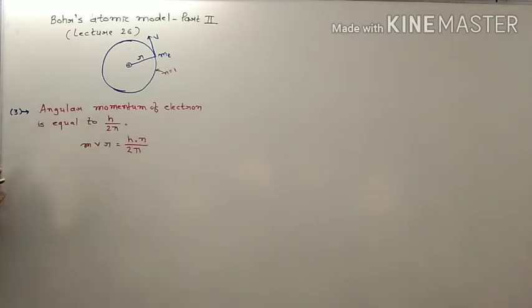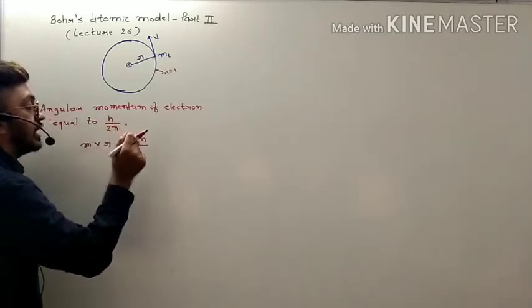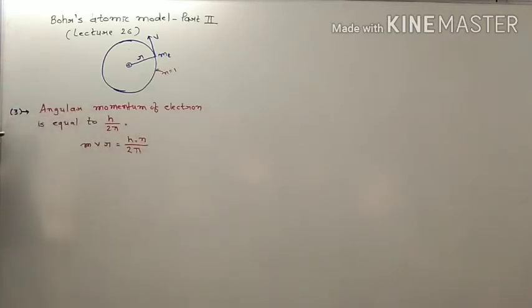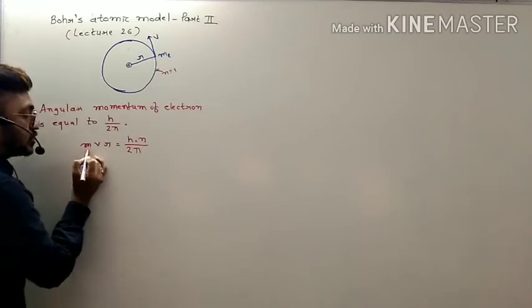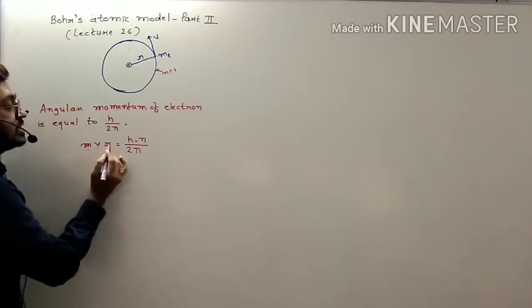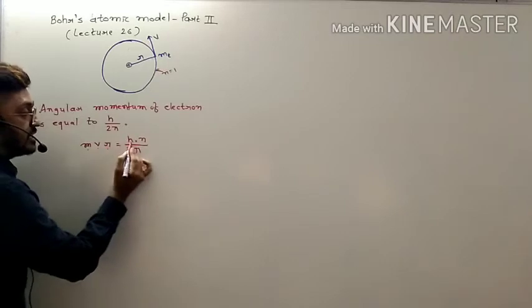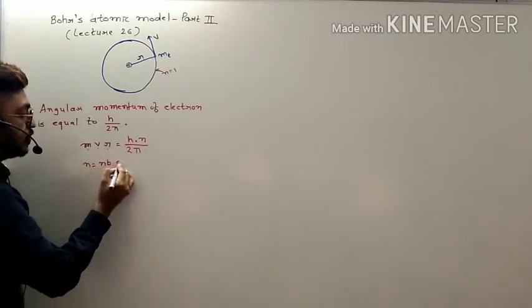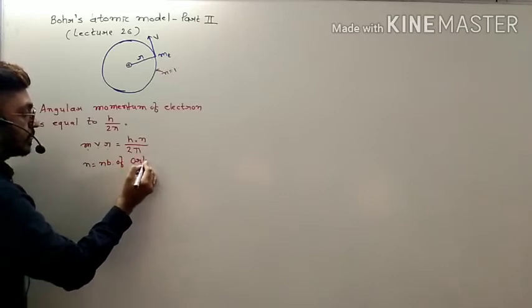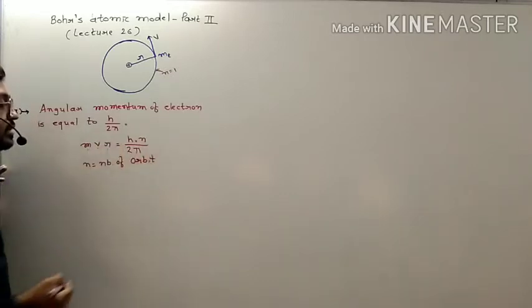If it is the third orbit, then n is equal to 3. So if we want to calculate the distance, then we have to calculate n. So mvr is equal to nh upon 2 pi, where m is the mass of the electron, v is the velocity, r is the radius, h is the Planck constant, and n is the number of the orbit or number of the energy level.